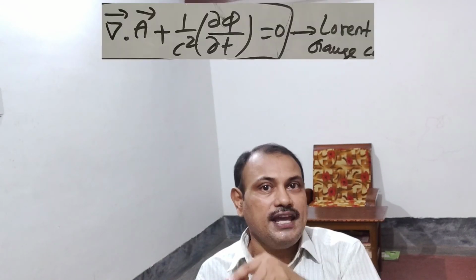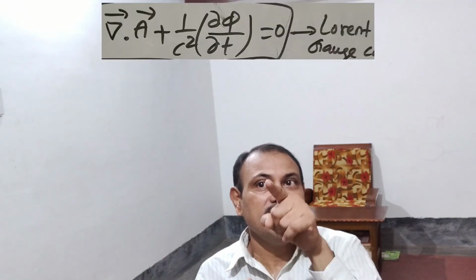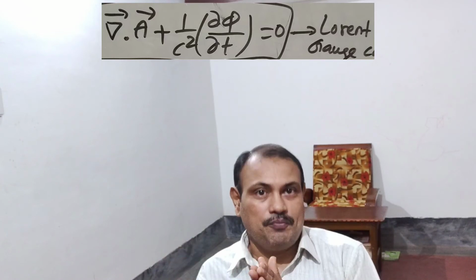So in that case, this arbitrariness is restricted by a selected choice, and we use some conditions. Among the few examples we frequently discuss in electromagnetism are the Lorentz gauge condition and the Coulomb gauge condition. What is required in the Lorentz gauge condition is divergence of A plus 1 by c square del phi by del t equal to 0.